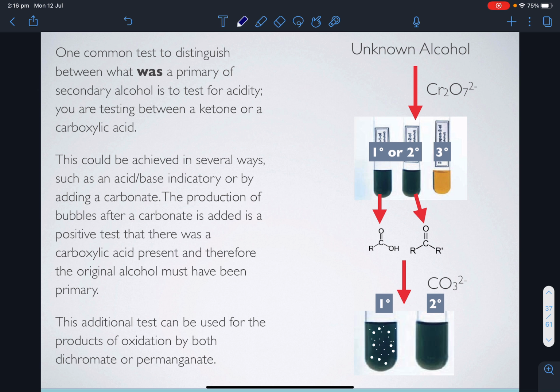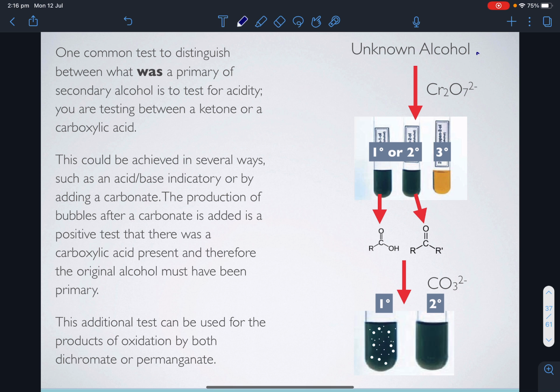What you can do is a test for an acid. You can use something like pH, or an indicator. One of the most common things that comes up in questions is adding a bit of a carbonate to it. An acid and a carbonate are going to produce salt, water and bubbles of carbon dioxide. So adding in a carbonate, if you see bubbles being formed, you must have had the acid, so therefore you must have had the primary alcohol.